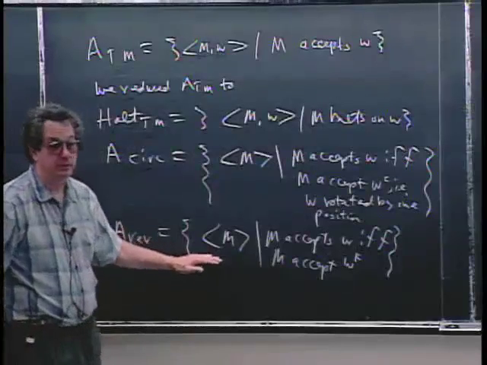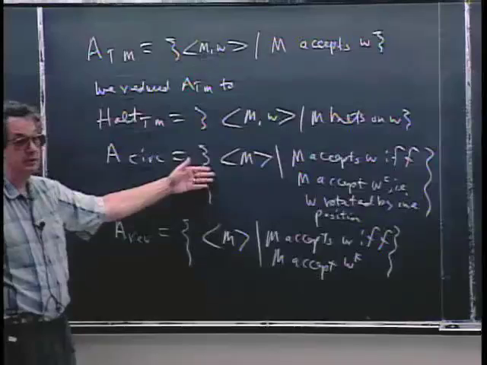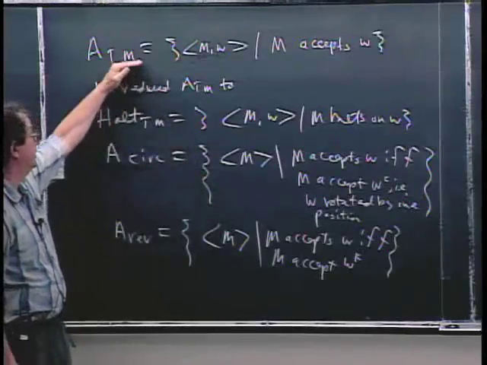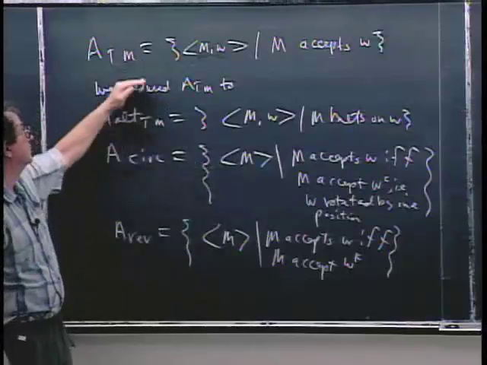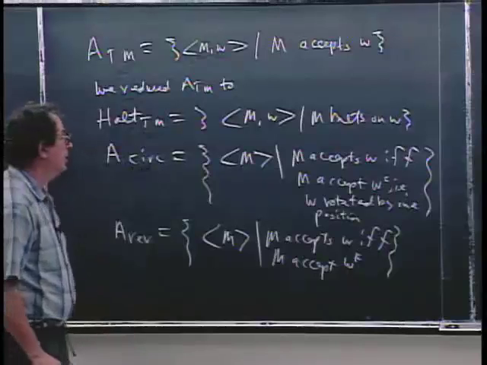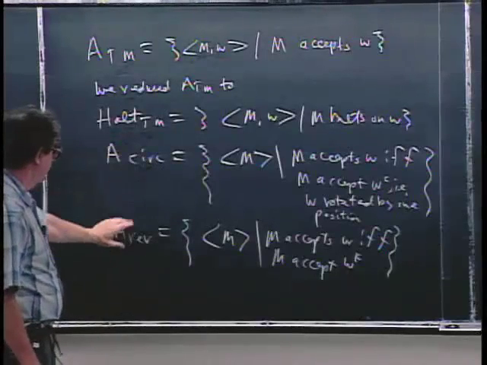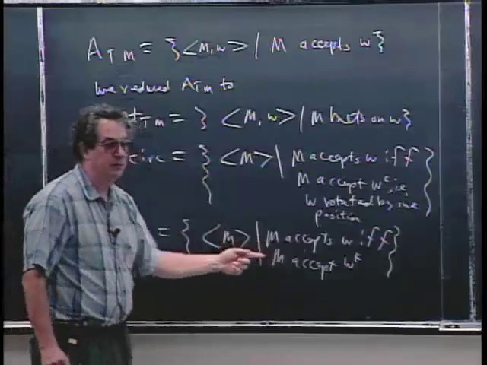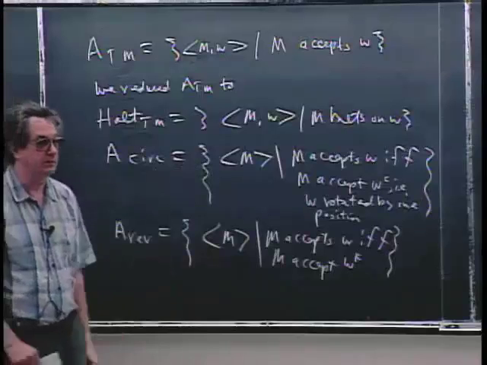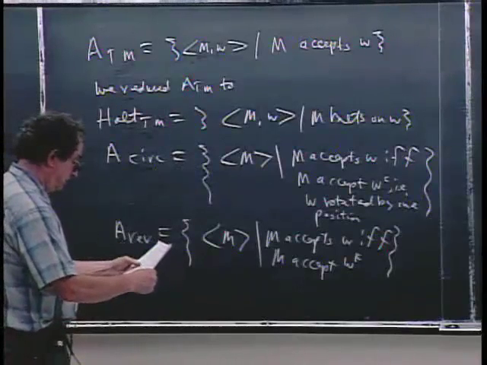This is a homework problem, and you can solve this in a way that's similar to what I showed you for this one. So the reduction of ATM to this is similar to the reduction of ATM to that. Okay? That's why we did this one in detail, because if you just saw this problem on your homework without having seen something like that, it would really be too hard. Okay. Now let's do some more.